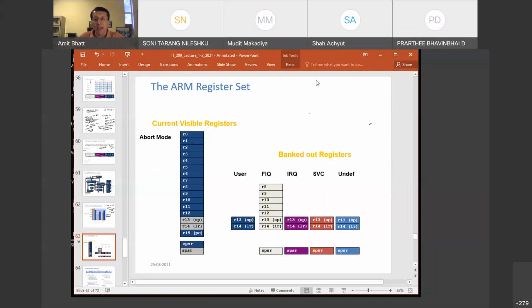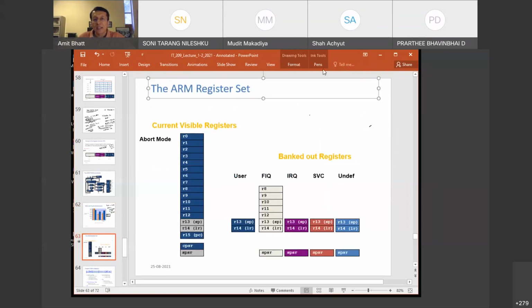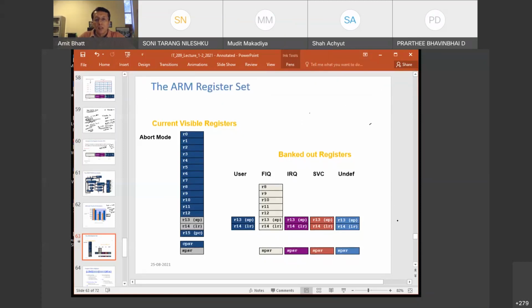So 17 registers, I made an assertion that, at any time, you have, right? This is the assertion I made that, from R0 to R12.